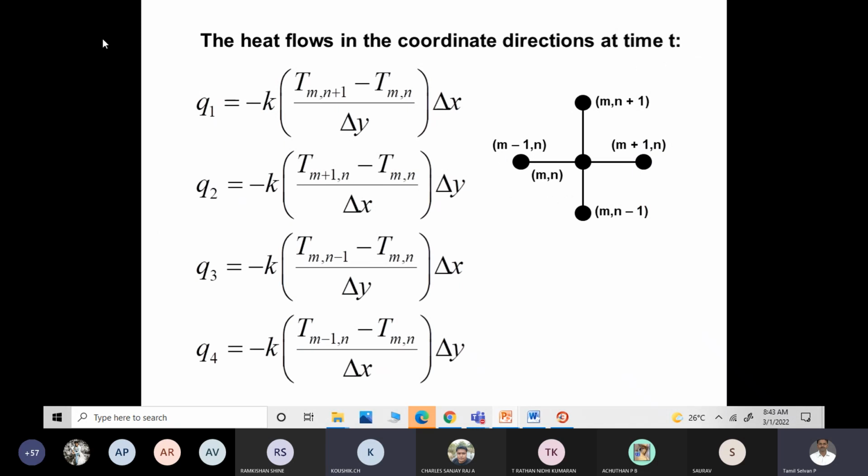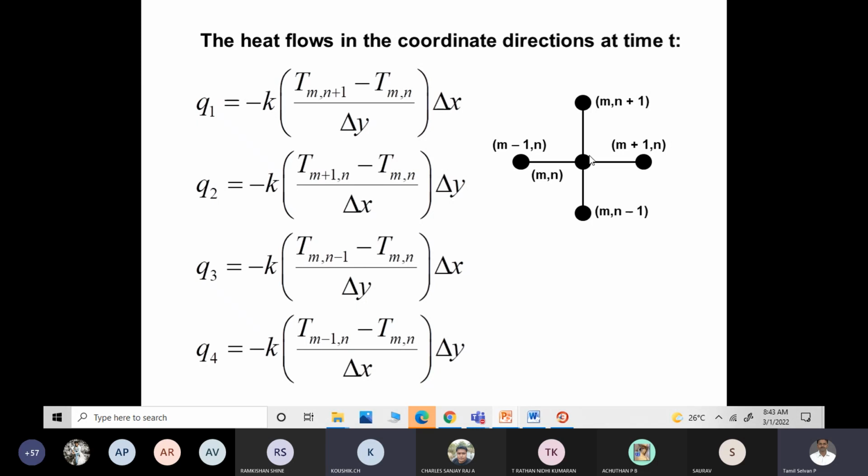And see this. Now what happens is we know that q equals minus kA dT/dx. In the case of q1, we have [T(m,n plus 1) minus T(m,n)] divided by del y, into del x, minus kA dT/dx. In that form it is given like this, and for q2, q3, q4 it is written like this.